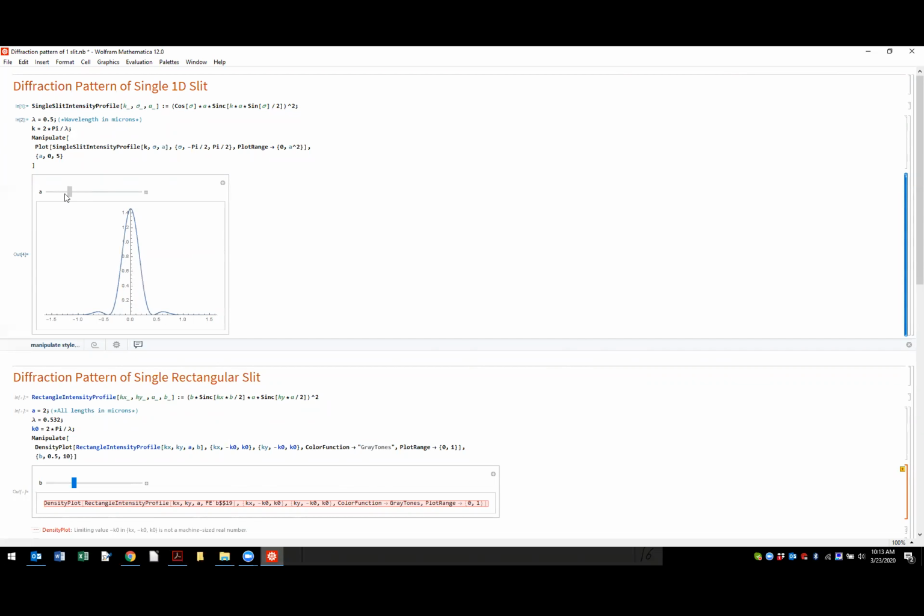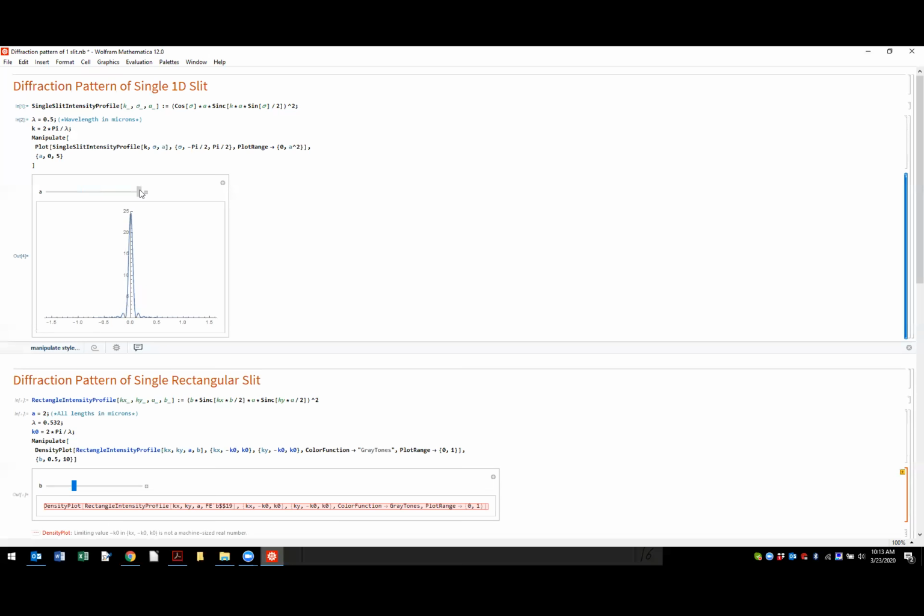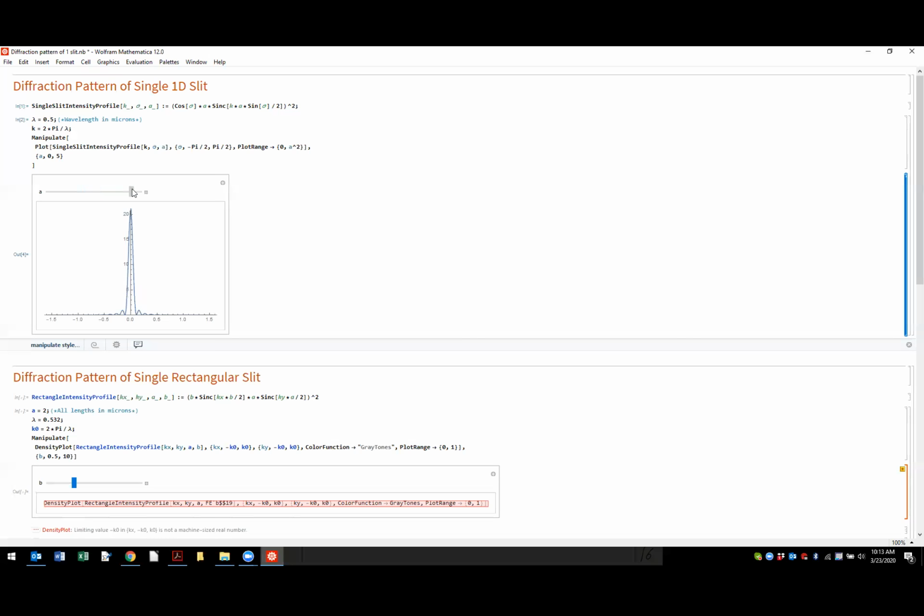And then I can play with the slit width, and I can see how changing the width of the slit, if I fix the wavelength, so I'm fixing K, and I just play with A, you can see how as I increase the slit width, this gets narrower and narrower. This is just like things we've seen before, where when we were dealing with 2 points, we found that if the points were really far apart, the fringes on the screen were really close to each other. And if the points were really close to each other, the fringes on the screen were spread out.